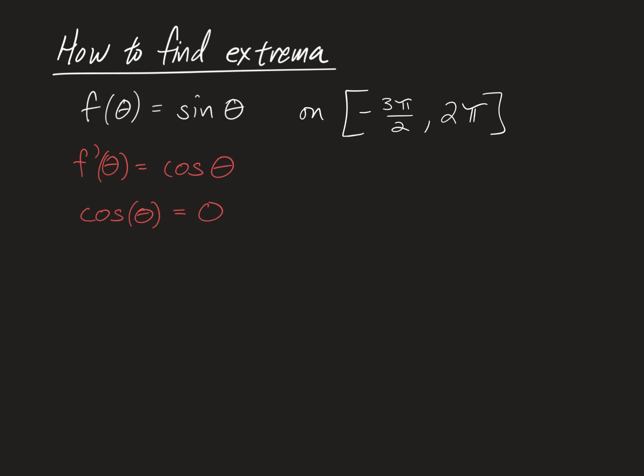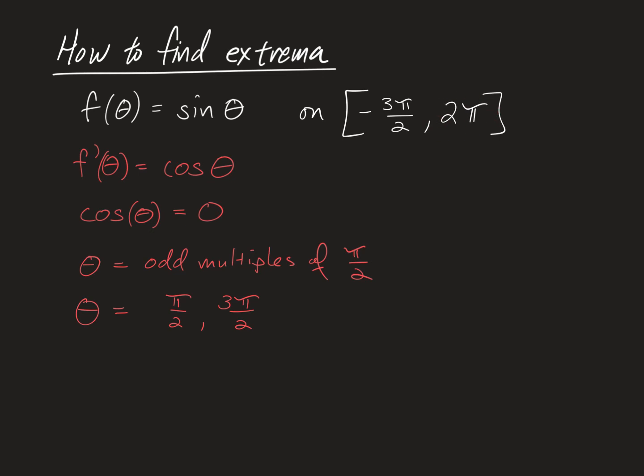So remembering back to your trig, you should remember that theta here will equal odd multiples of pi over 2, aka 1 pi over 2 or 3 pi over 2, etc. So let's write out what we have here. We have pi over 2, we have 3 pi over 2, and that's it for the positive versions, because if we go to 5 pi over 2, we are no longer in this interval.